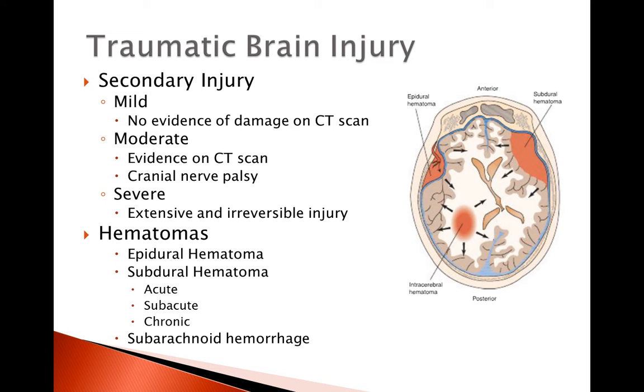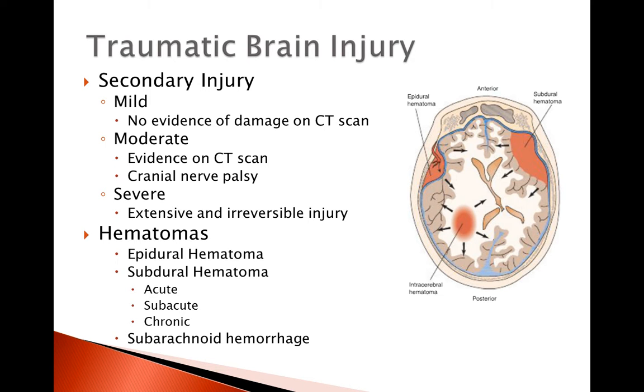A couple of things to point out. A hematoma can occur with as little as 5 milliliters of blood accumulation, so it doesn't have to be huge to be problematic. It can cause damage. All of the hematomas result in pressure on brain tissue, so it pushes against the brain tissue. That is the problem, the blood starts accumulating within that area.